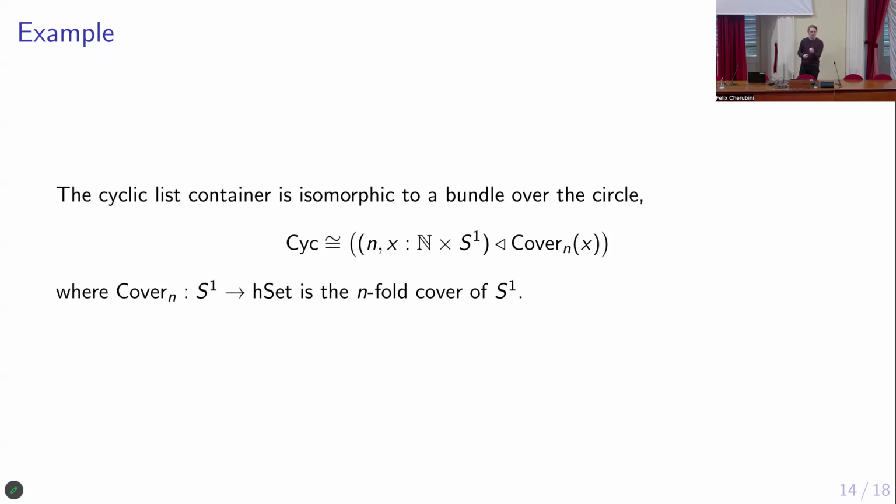So over each point in the circle, you have n many things. And I guess if n is 2, that's called, I think, the Möbius fibration or something, sort of the double cover of the circle. So you have a real nice geometric intuition for what these things are, and you started out with something very computer sciencey. I found that kind of nice.